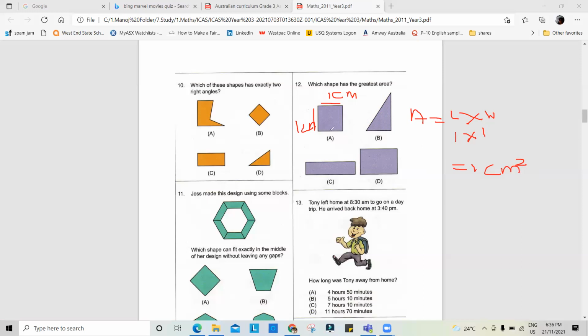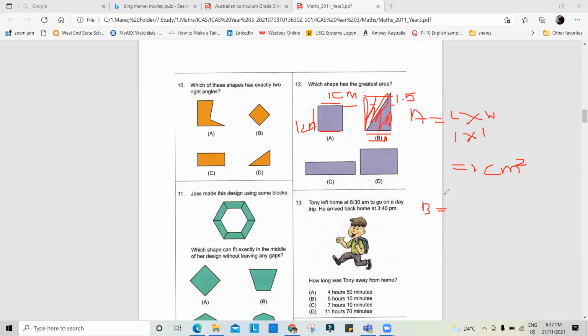Now this one looks like the same length here, right? This may be 1, but this one actually, if we draw a line, it's a little bit more than 1. That's maybe 1.5, right? And this is a triangle. Then if I draw a square, this becomes a rectangle. Now this total area will be this length and this width multiplied. I draw, this is A, this is B shape.